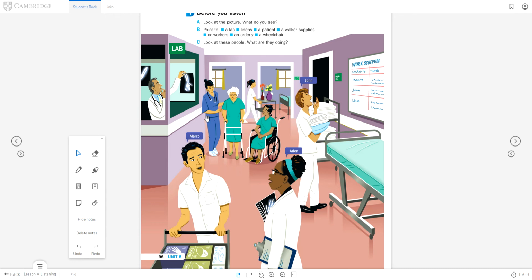Now, tell me, can you point to the lab? Take a look and point. Where is the lab? Yeah, I can see the lab is right here, right? Yeah, this is the lab, right?